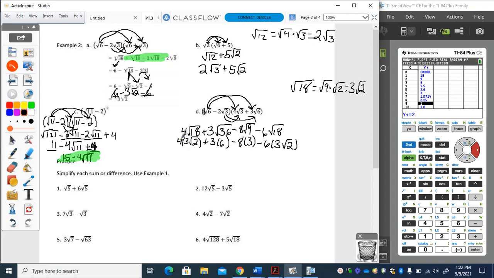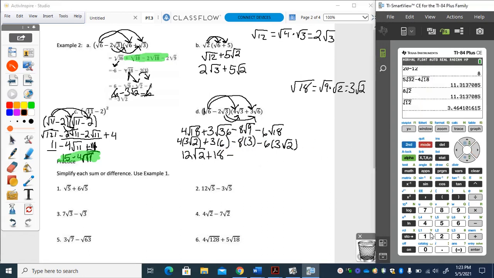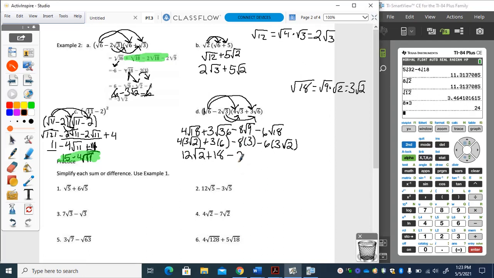Now let's do some more multiplication. What's 4 times 3? That gets us 12 square root of 2, plus what's 3 times 6? Well, that's 18. Minus 8 times 3, well, that is 24. Minus 6 times 3 would be 18 square root of 2. Let's find some like terms we can combine.